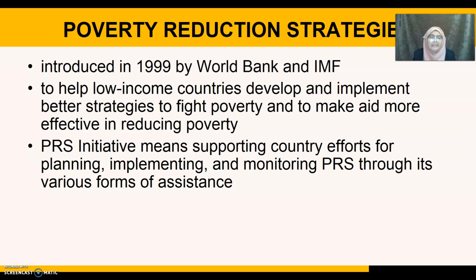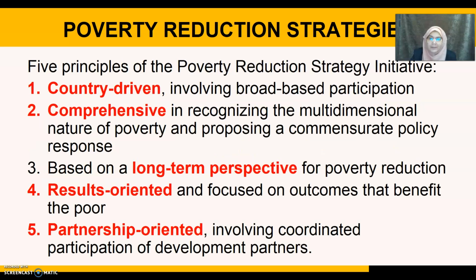So these efforts, or this initiative, support country efforts for planning, implementing, and monitoring PRS through various forms of assistance. The World Bank guides these countries to support the things that they already have. It means that certain countries already have their own strategies, but the World Bank and IMF will monitor and look back at whether the strategies are in line with theirs.